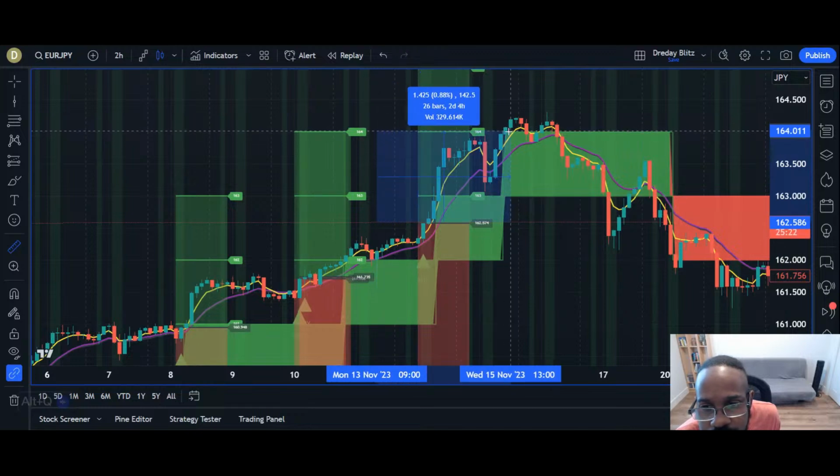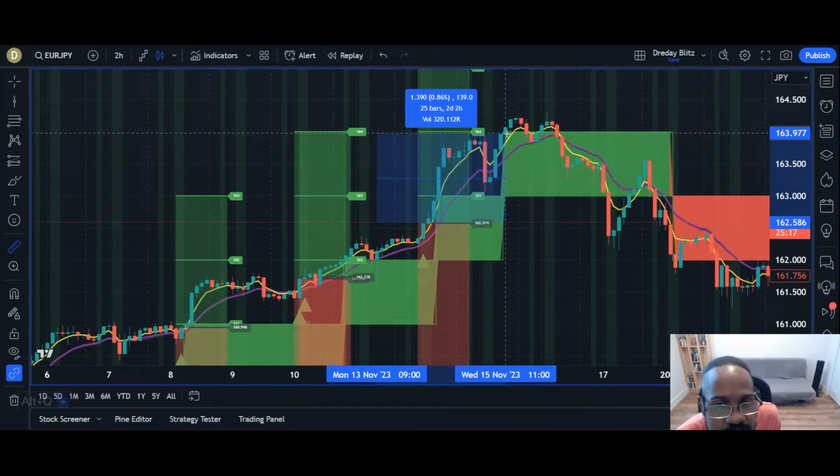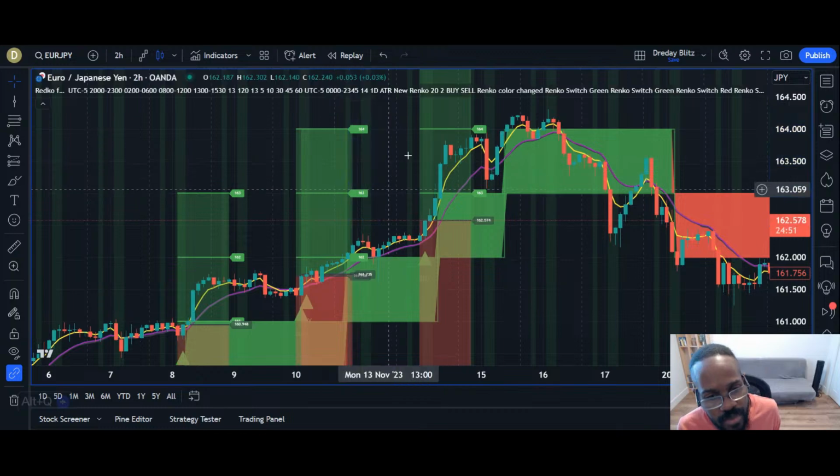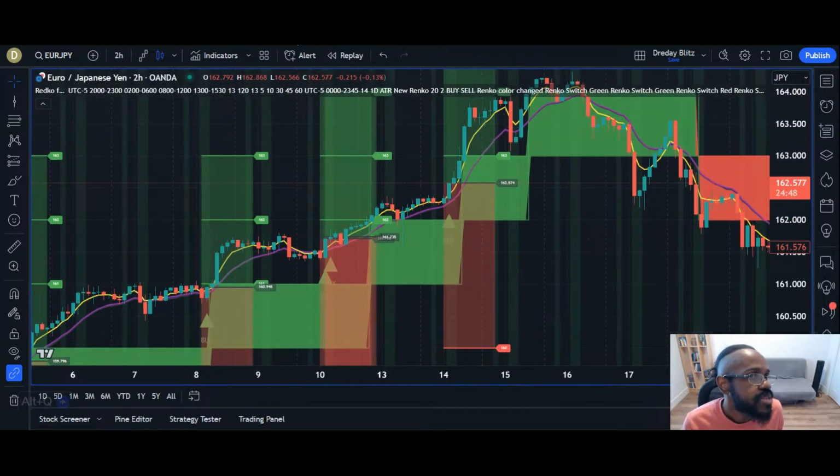TP2 means you would be in that trade for 2 days, and you would have then done 0.86% of the move. That's 0.86% of the move, and that's 139 pips. So 2 days and 2 hours. So you get the point?